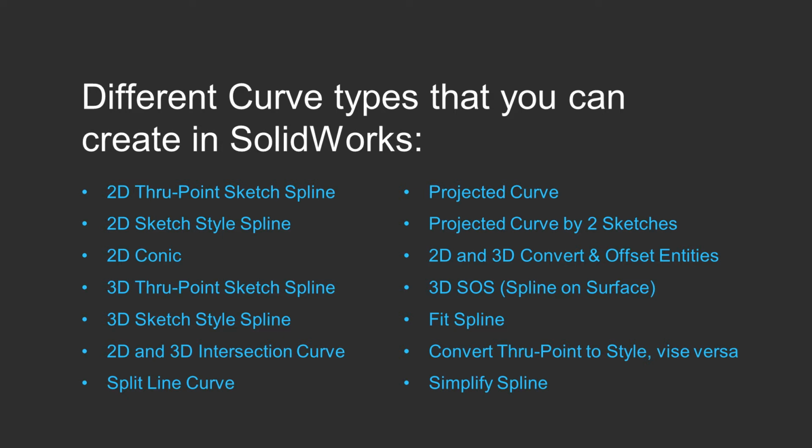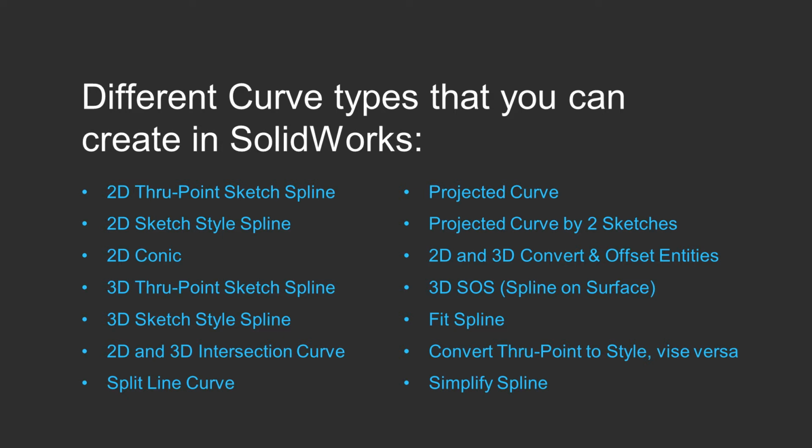You have fit spline, which in itself is creating a new type of curve where you can combine different sketch elements into a single spline. It in essence fits the spline over multiple entities. And that's very useful if you're needing to create a feature that requires a single spline element to make a higher quality surface. I'll get into more of that later in the episode.